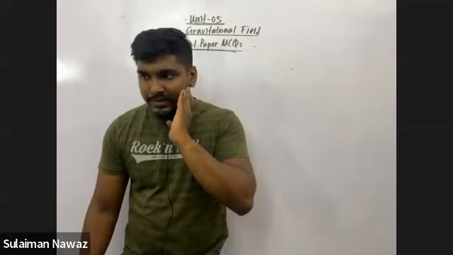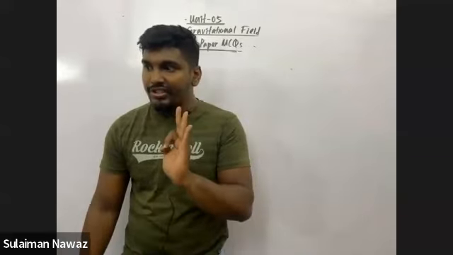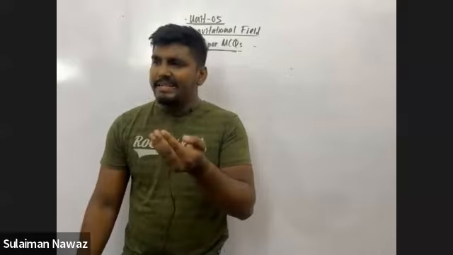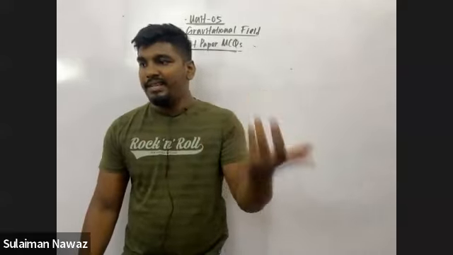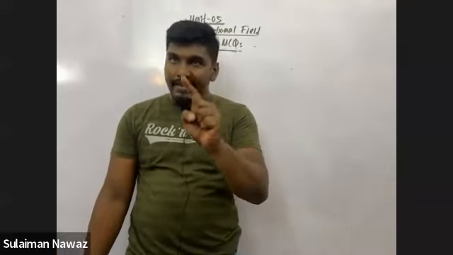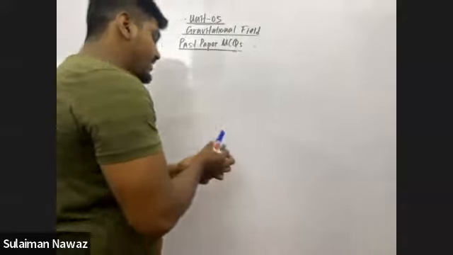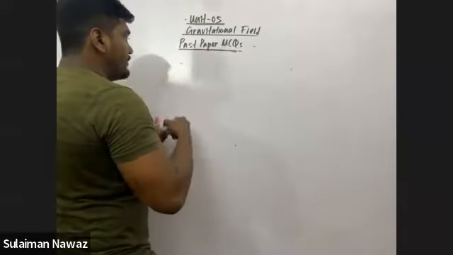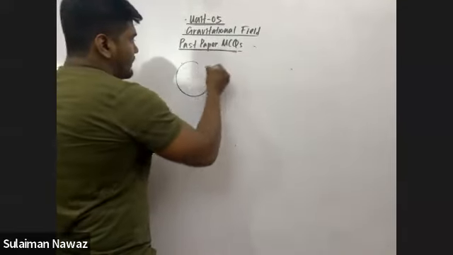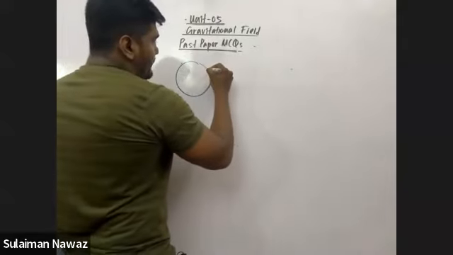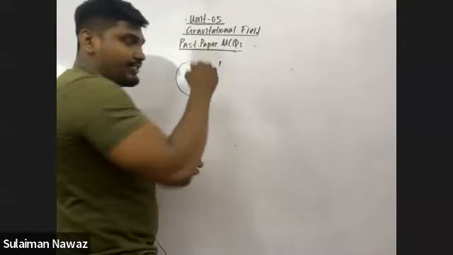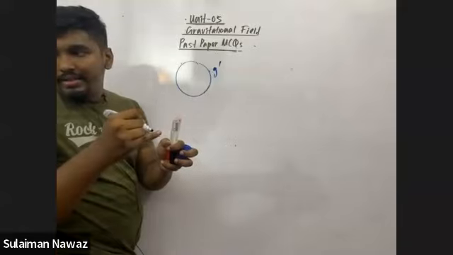If the universal constant of gravitation is capital G, the mean density of the moon is given by... It's very easy. Now they have given the gravitational acceleration on the surface of the moon as g dash, right?